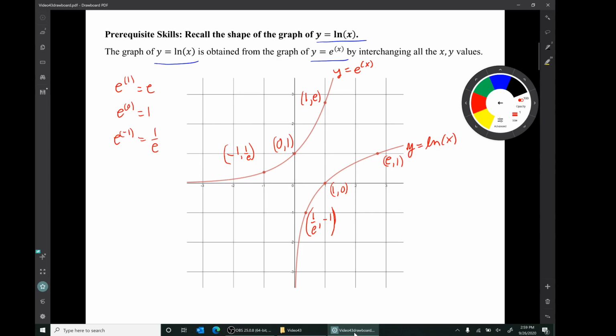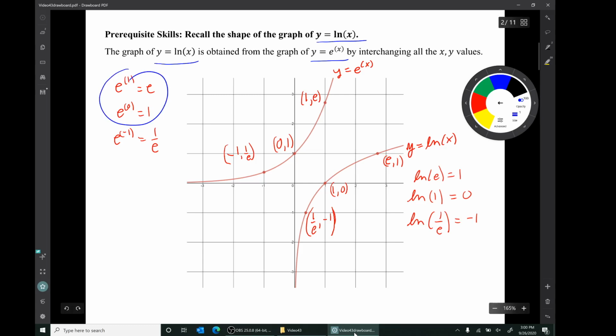So for that, it's helpful to think about these distinctive points that came from these distinctive points. Now think about what these distinctive points tell us about the behavior of ln of x. So while most students can remember these things, very few students can remember these things. And you realize that they come from the same place.